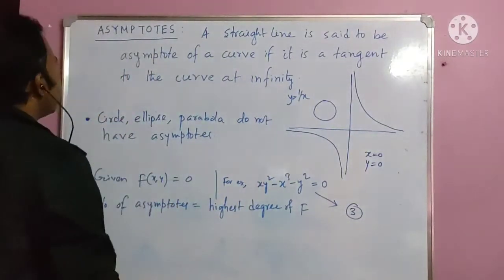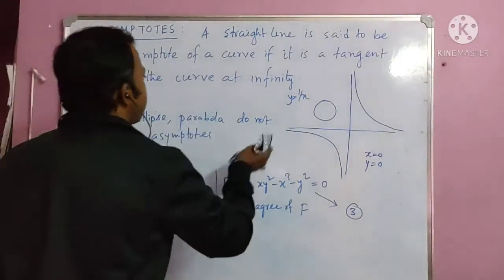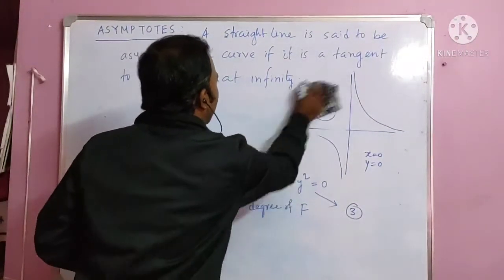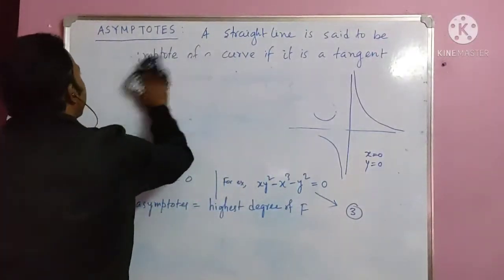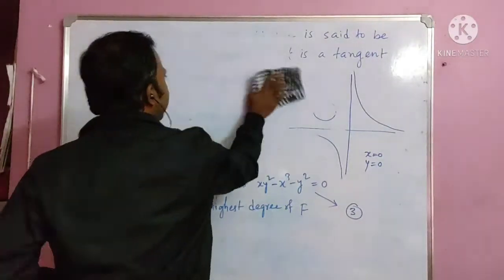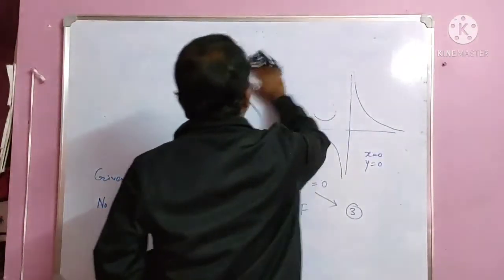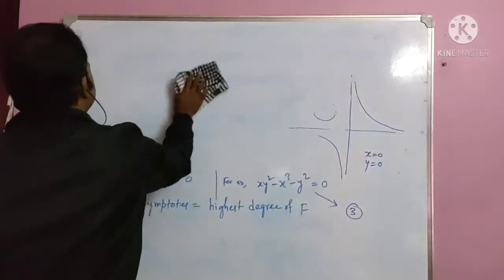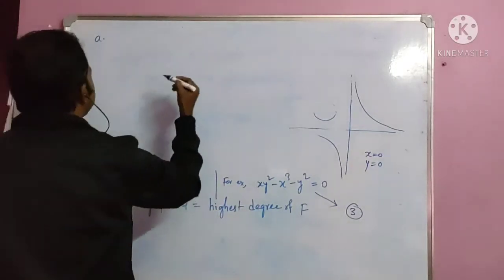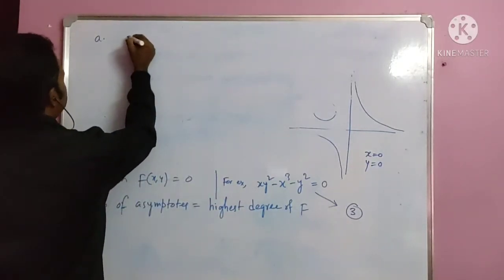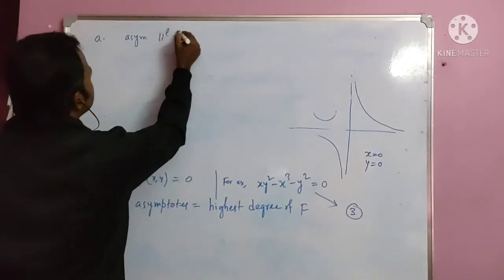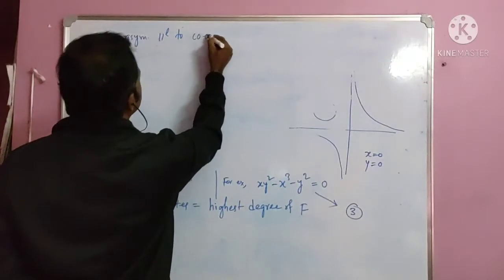So okay, let me write down the asymptotes that are parallel to the coordinate axes, and the other ones that are not parallel to the axes. I will write here first the asymptotes parallel to coordinate axis.